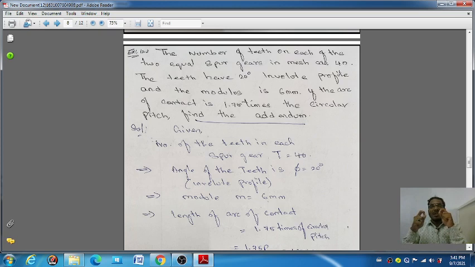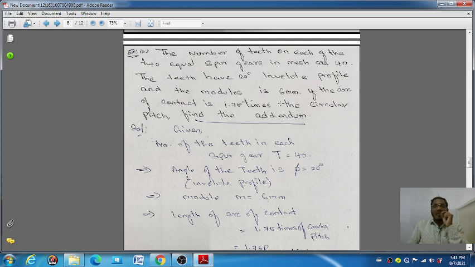How many teeth are there? 40 teeth on both of them. Both have the same pressure angle, 20 degree, and they are meshing with each other, and they have the involute profile. The module is also given, 6 mm.